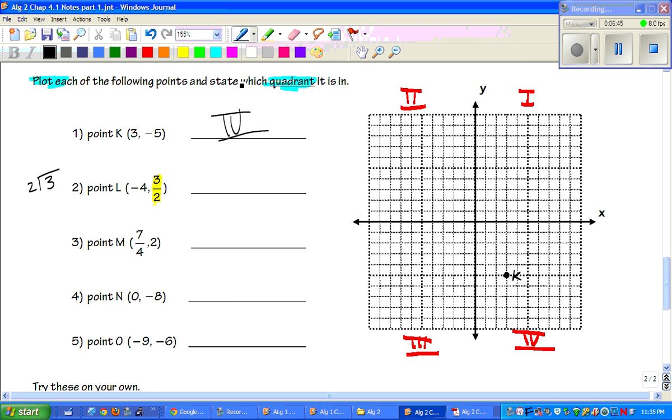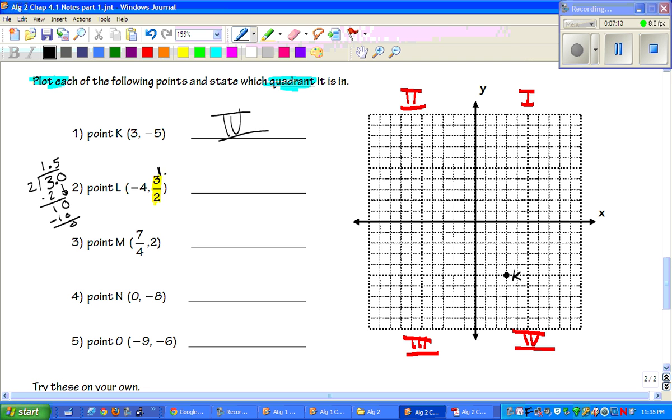We have to figure out exactly where that is. So does 2 go into 3? Yeah, it goes in there 1 time. 1 remainder 1. Oh, we don't do remainders here. Okay, so what you have to do now is add the decimal, bring it up, add a 0, drop it down. 2 goes into 10, 5 times.